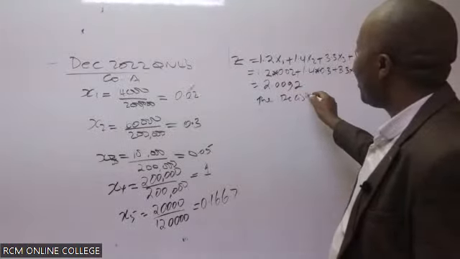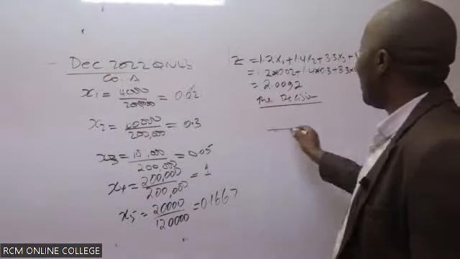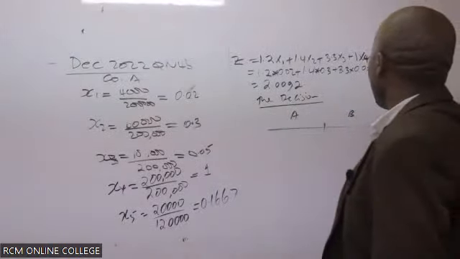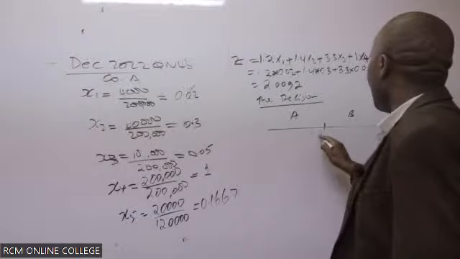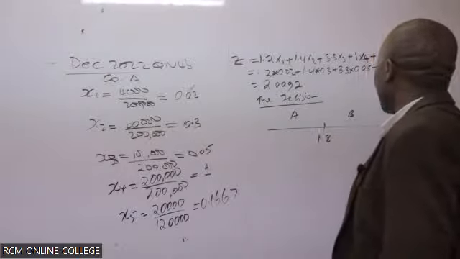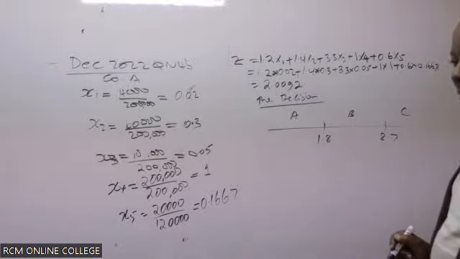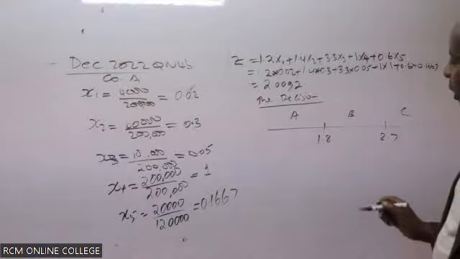Make a decision there for company A. So we have here 1.8, 2.7. Could you kindly make a decision? Where does it belong?